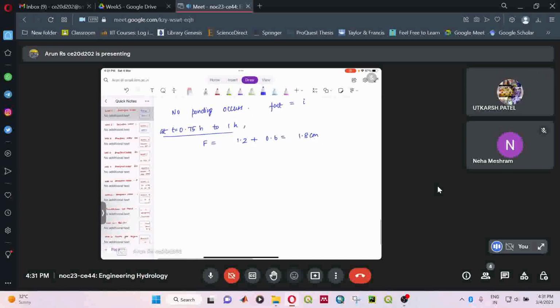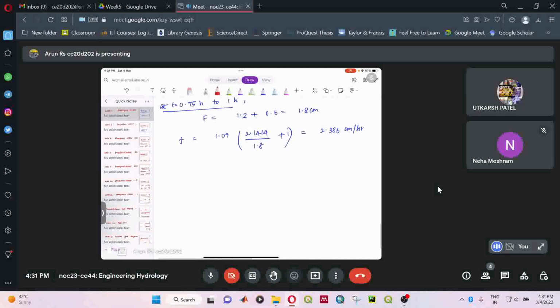Now again we'll calculate F: 1.09 into 2.1414 by 1.8 plus 1, which is equal to 2.386 centimeter per hour. And if we calculate the rainfall intensity I, 0.6 divided by 0.25, that is 2.4 centimeters per hour.